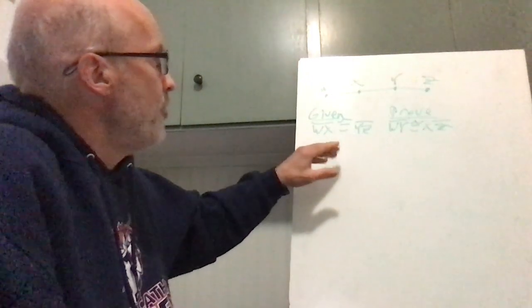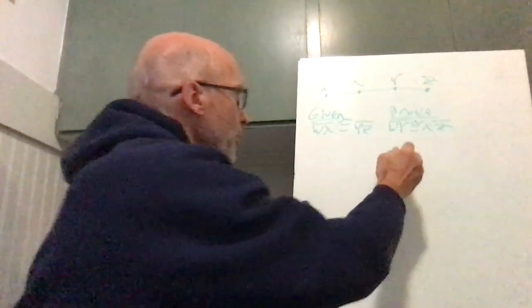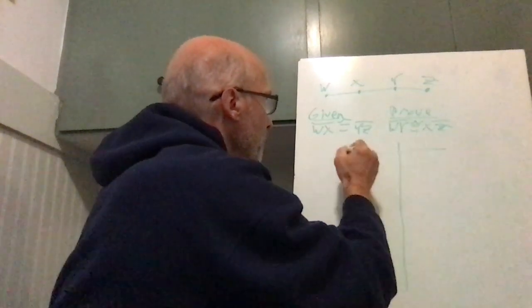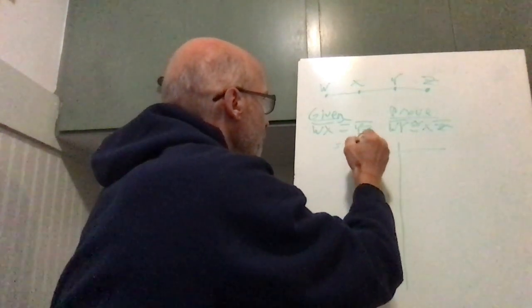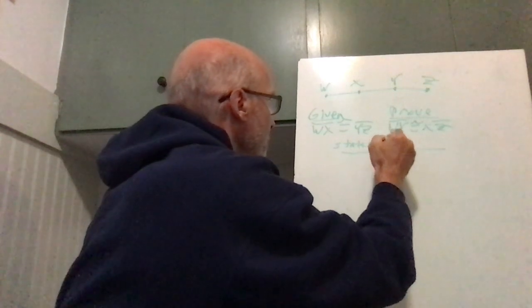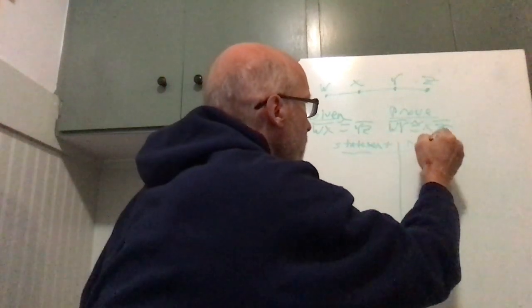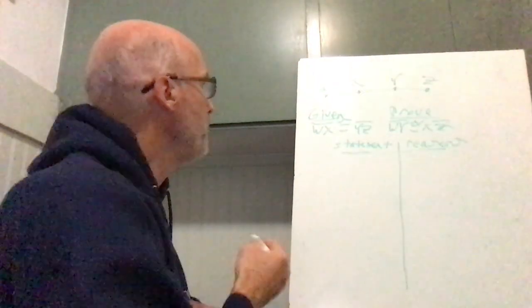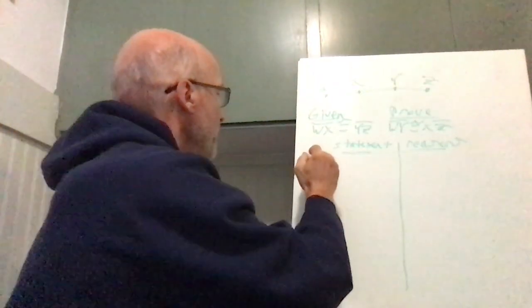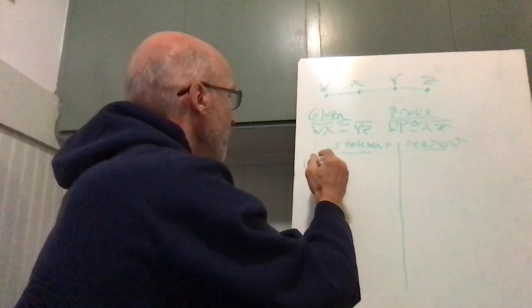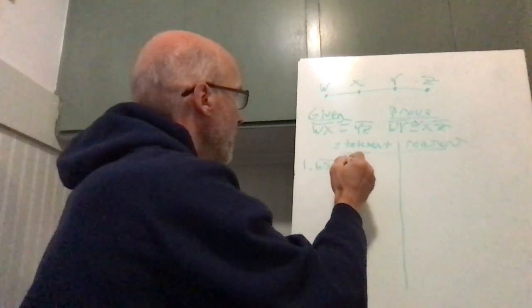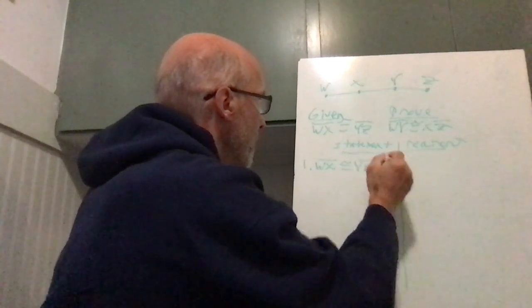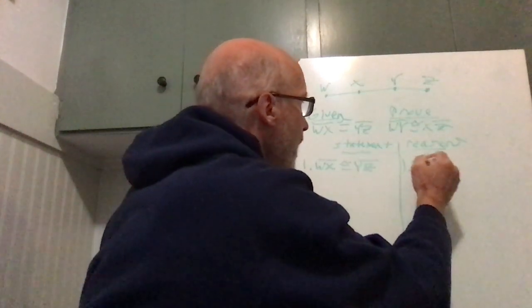So of course you're doing a two-column proof. This side is going to be your statements. This side is going to be your reasons. Write down your given. Make sure you number things. And the reason for that is given.